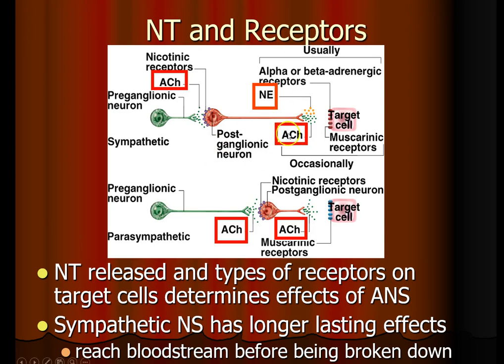And so this picture is kind of going through that. We're using acetylcholine here, we're using acetylcholine here. Presynaptic neurons, acetylcholine. So, if that's the case, to see how you guys are doing, make sure everybody can see it. What type of receptor to acetylcholine does the postsynaptic neuron have in the sympathetic division?